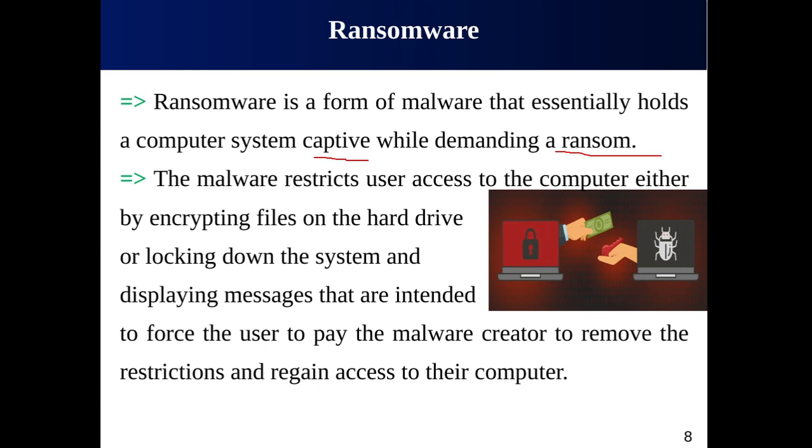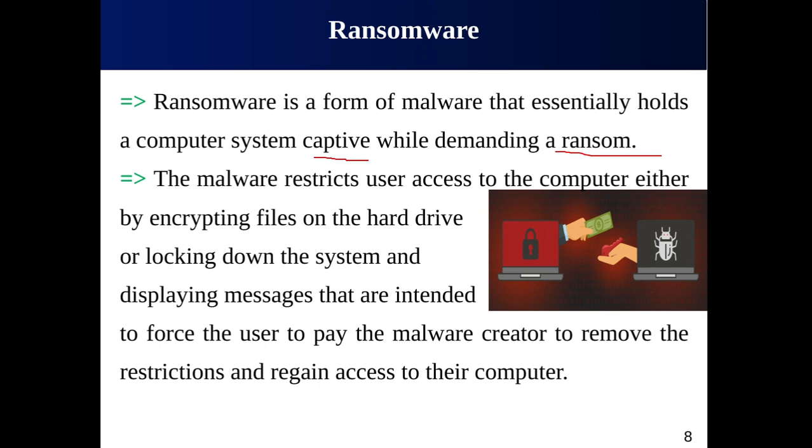So ransomware typically spreads like a normal computer worm, maybe when you are downloading a file, or through some other vulnerability in the network like backdoors. And there are different types of ransomware available. One of the very famous ones is known as Cryptolocker, the most widely known example of ransomware, and it was first discovered in 2013.